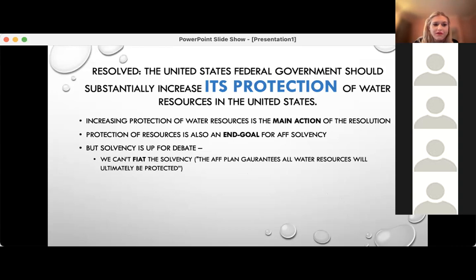Fiat can give you the path, where you get to pretend a plan passes, that the United States federal government passes a plan, but you don't just get to say we guarantee that all water resources will ultimately be protected at any cost. There's no way that you can argue against our solvency.